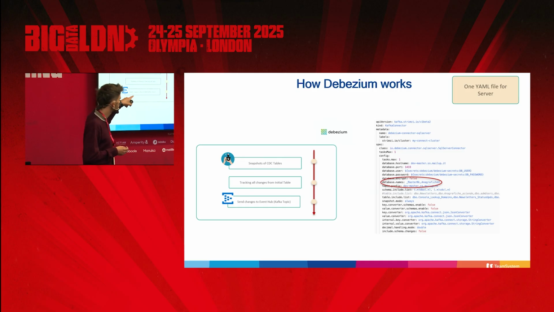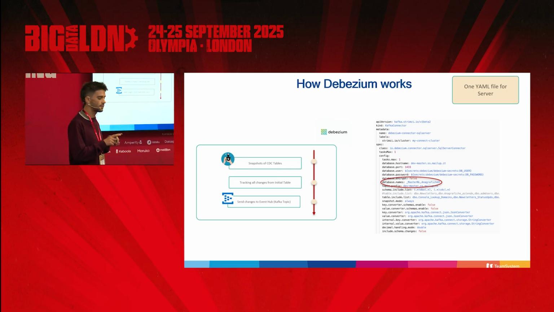But I want to stress the attention on the database.names field, because in this configuration file you need to list all the databases that you want to track inside the server, and you can't use a regex pattern. So if you want to add a new database to your tracking with Debezium, you need to add this database in this line.